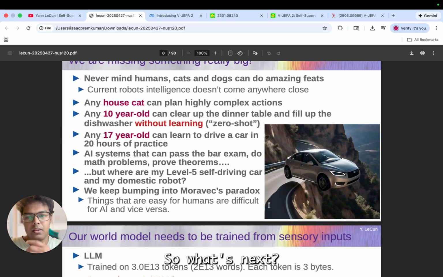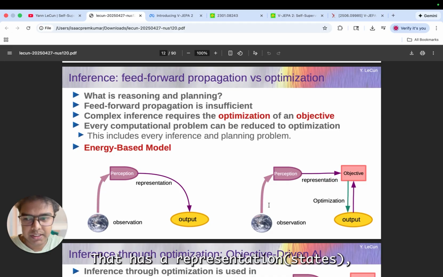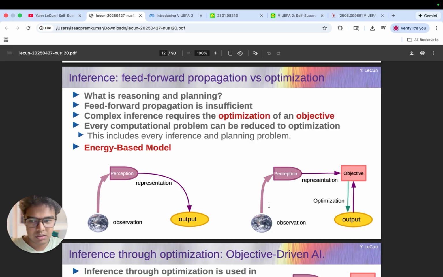So what's next? He wants to build a model that has a representation of a certain output, and it has to be optimized until we reach the actual answer that we want.